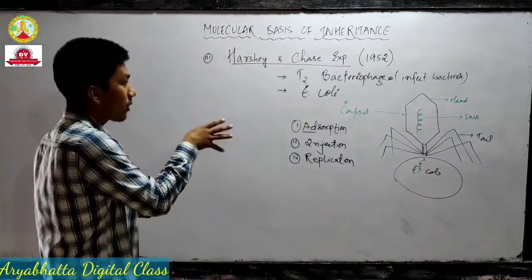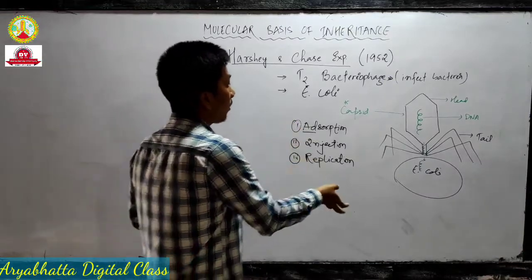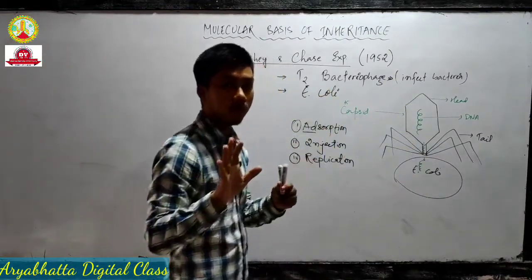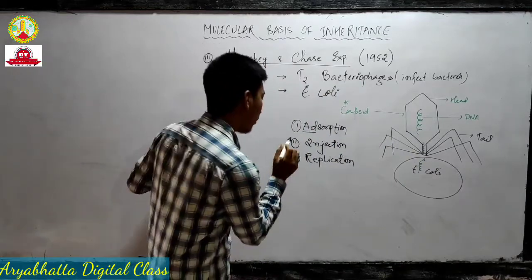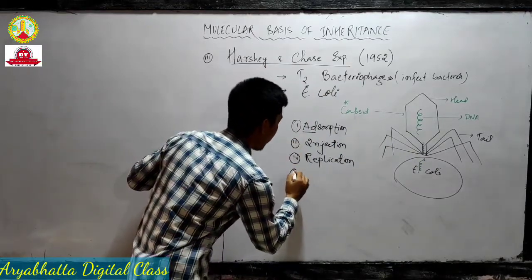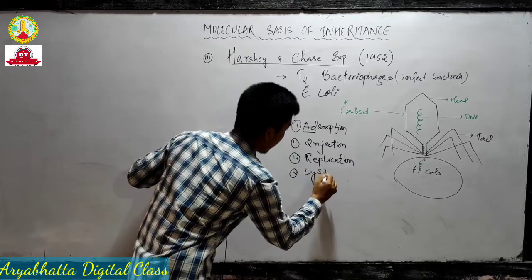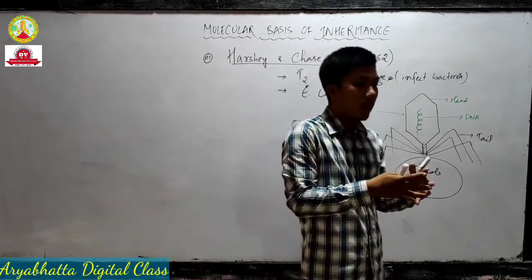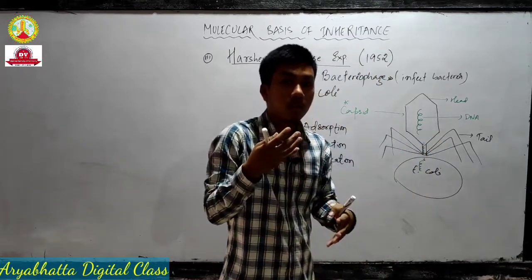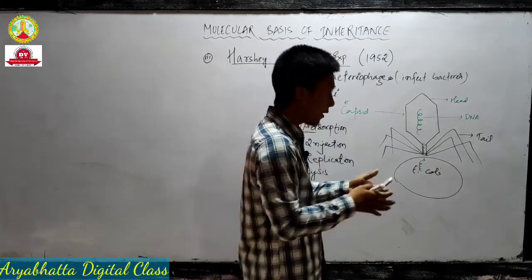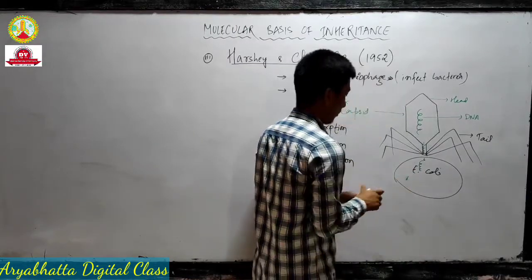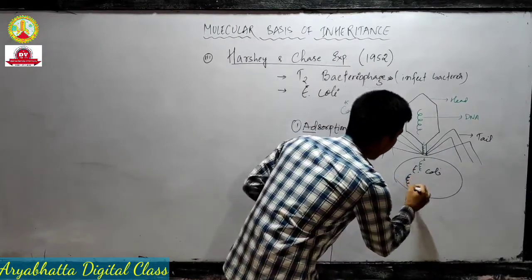So this is the process that takes place when a virus infects E. coli bacteria. Understood? Then we can also write one more point: lysis. See, the bacterial body already has its own DNA inside. Let me draw with black color here.